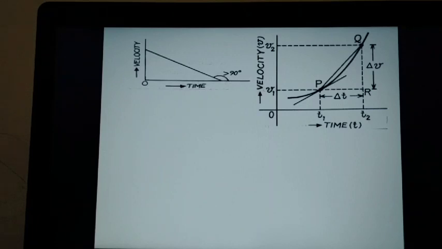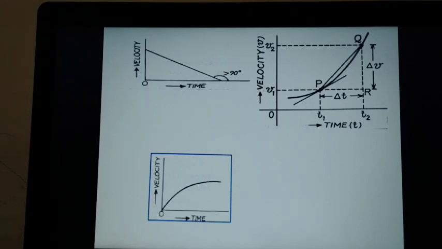We will come to that. Anyhow, average acceleration you can take as the slope of that graph. So this shows a continuously accelerated motion.